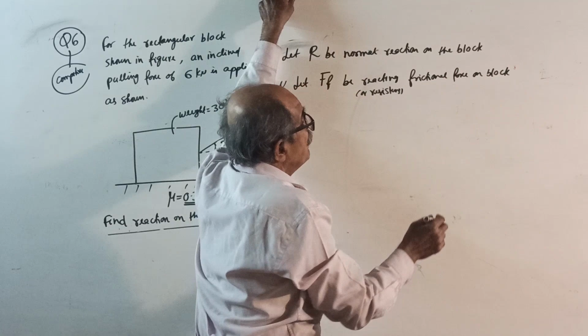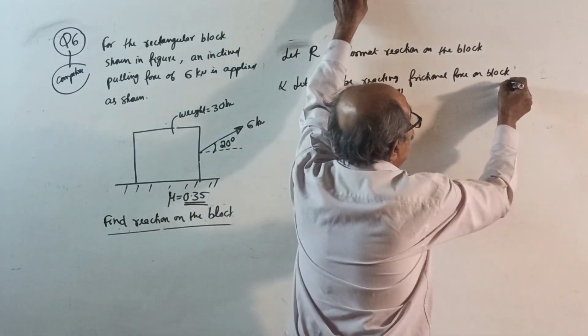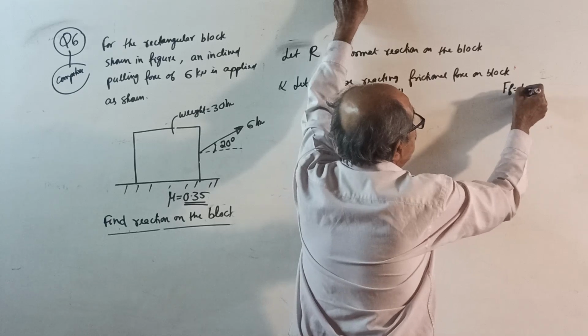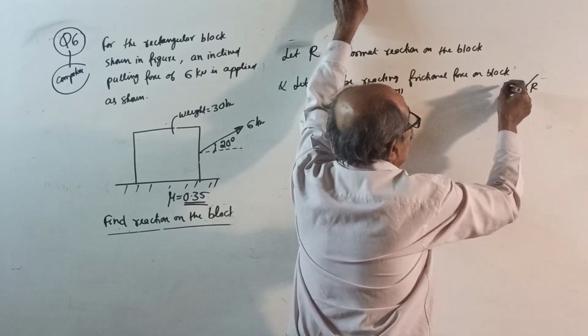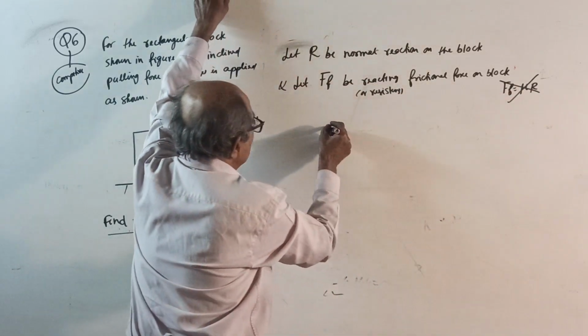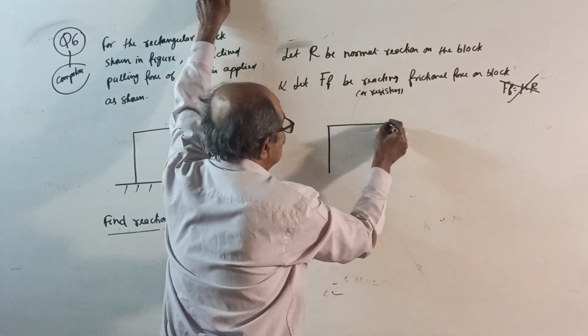See, friction also is a reaction. And remember, by mistake also, do not write FF equal to mu R. It is nonsense. Now put the sketch here. See how easy to solve.